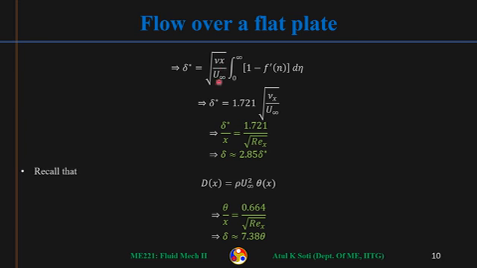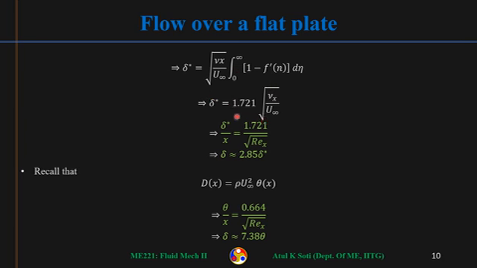So all that complicated integration we are skipping for now, that is left to the reader. You don't have to do this. It is up to the interest of the reader if they want to do. See, this also can be done numerically instead of doing analytically. Eventually this also we can write in terms of Rex.